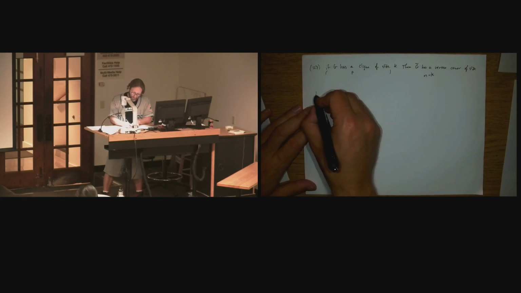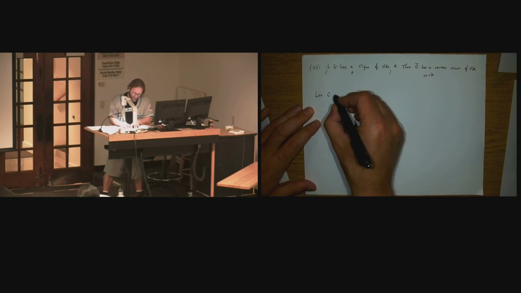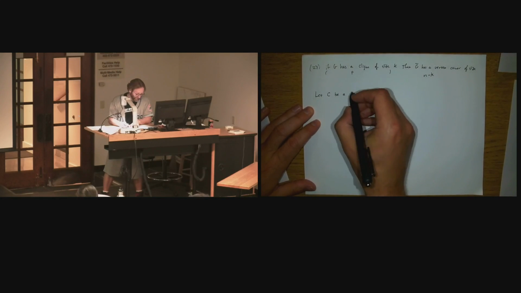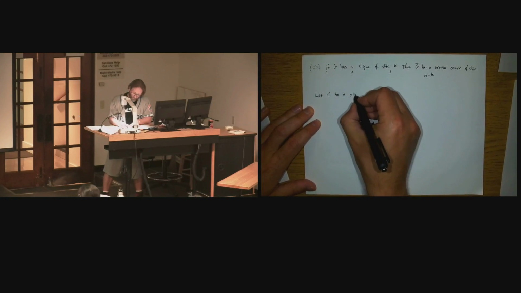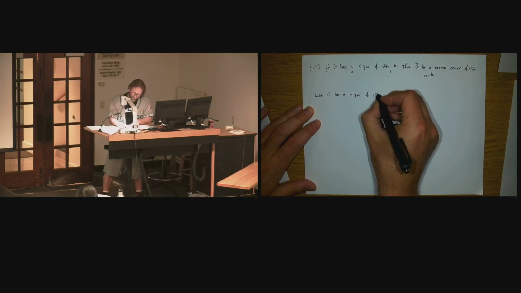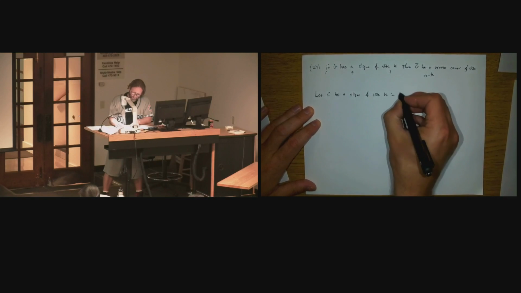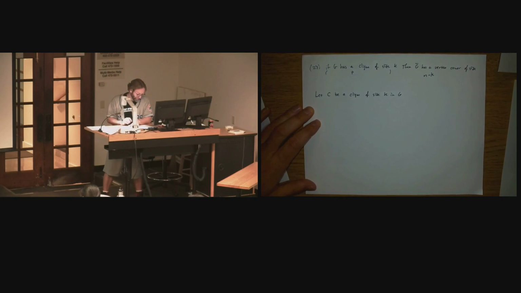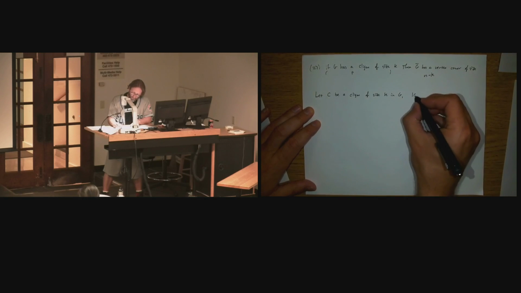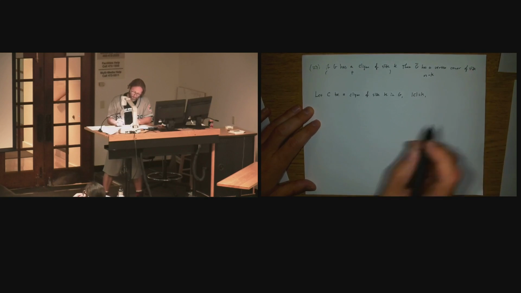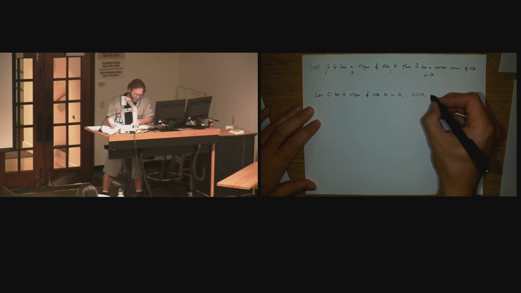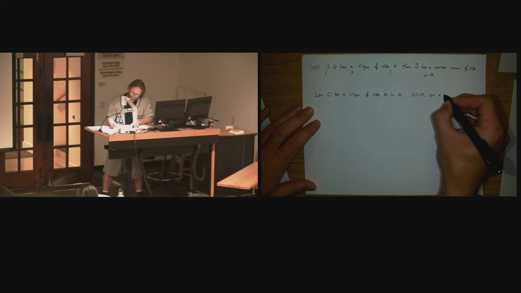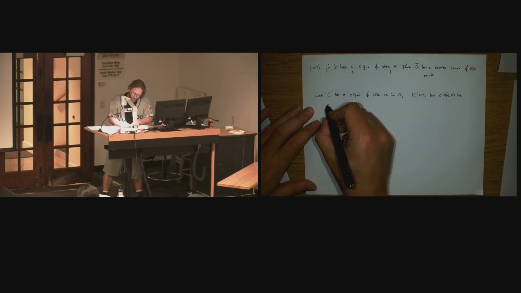So let C be a clique of size k in G, okay?